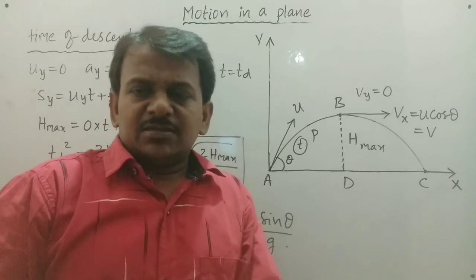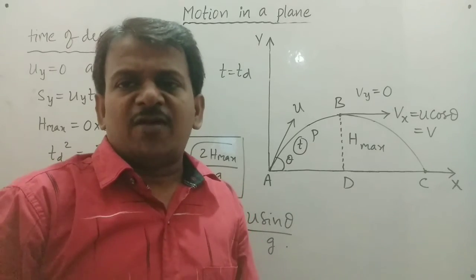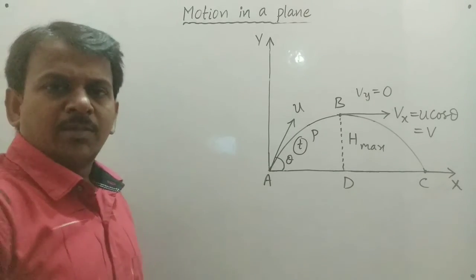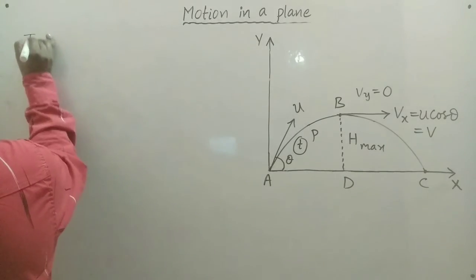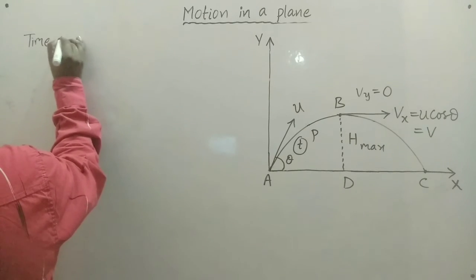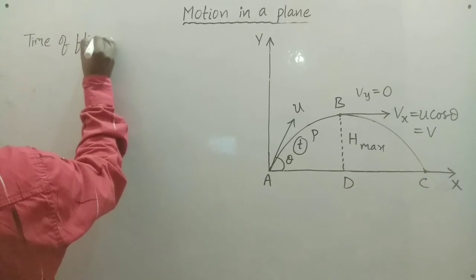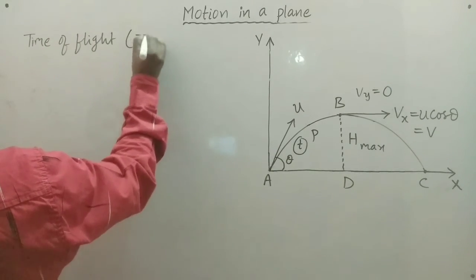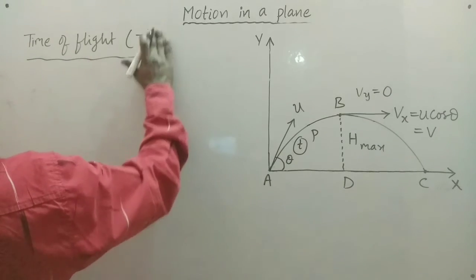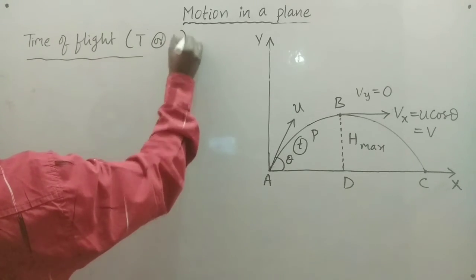Let us see the time of flight formula. Time of flight is denoted by T, or small t also.